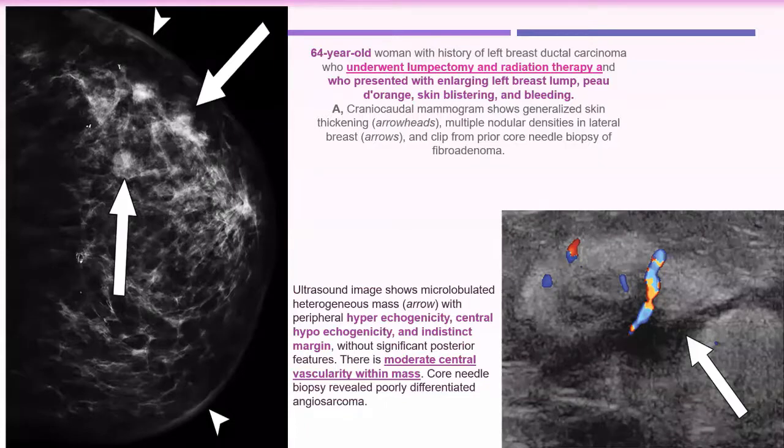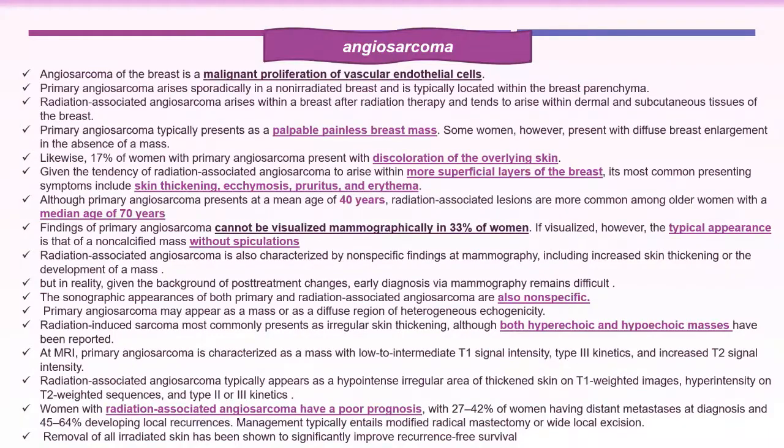The interesting point here in this angiosarcoma: we said angiosarcoma usually presents inside the gland, but in case of radiation, secondary post-radiation angiosarcoma, you will see it more superficial, like hemangioma.